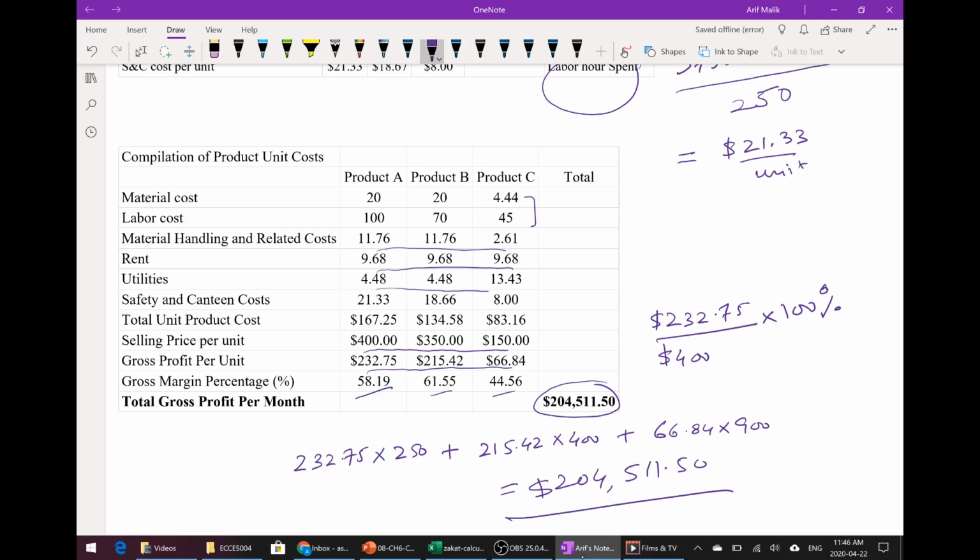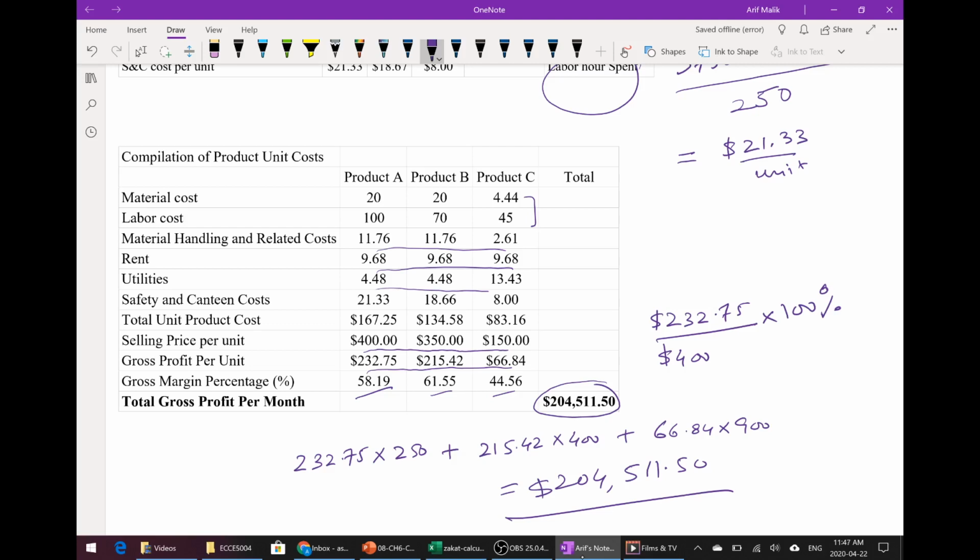That's it. We have worked out the problem, and we have found how much gross margin there is in percentage. If we want to change the prices, we can easily see how much margin we want to have, and ABC has provided an accurate method of allocating the overhead charges.